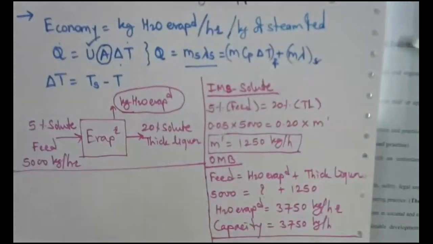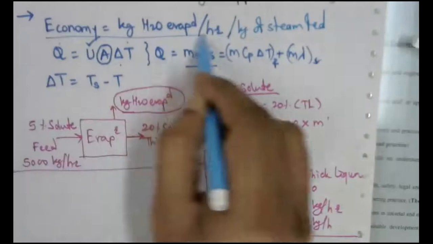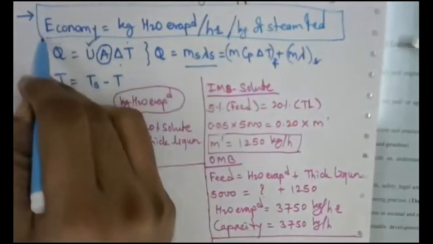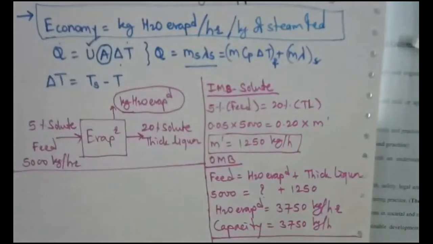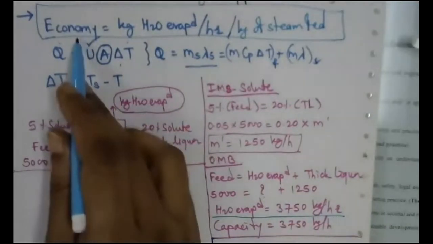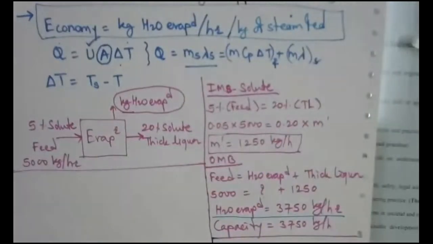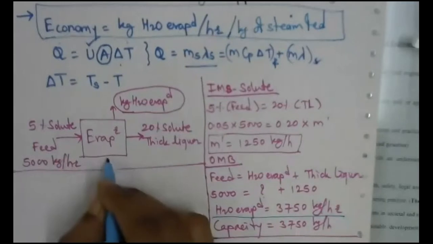This ratio is called as economy. Kg of water evaporated per kg of steam fed, that is economy. We have calculated only capacity, right? Now for this calculation we should know the mass flow rate of this steam, right?